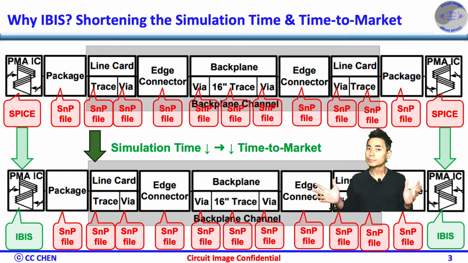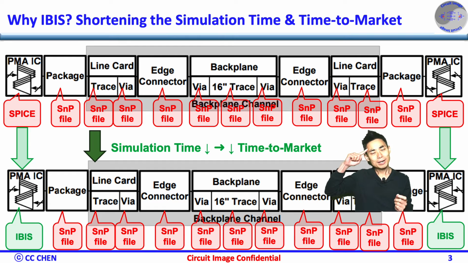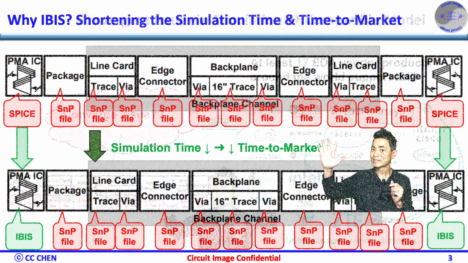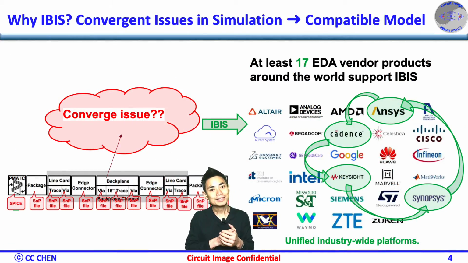What else could be a good reason to use the IBIS? Think about the compatible image for 5 seconds. Bingo! Not all companies use the same SPICE simulator from a single vendor, and putting a complicated SPICE model together with a few S-parameter files of the package, connector, and board traces could cause conversion issues from time to time.